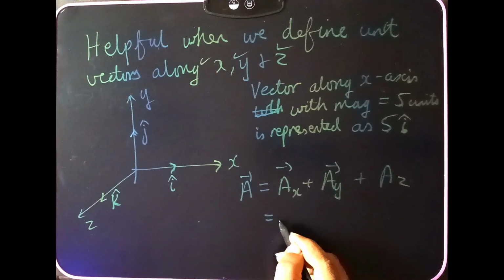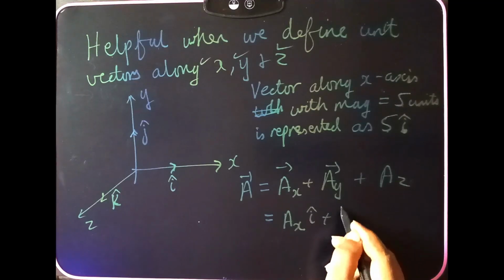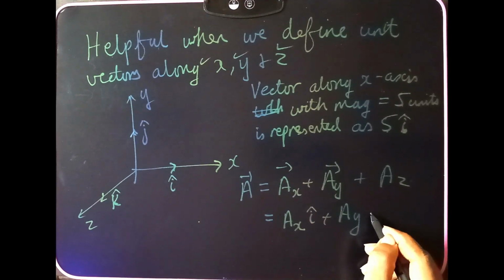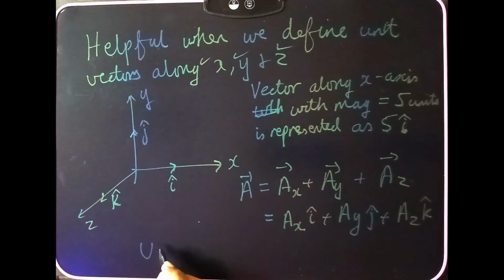This can be written as A of x along i cap, plus A of y along j cap, plus A of z along k cap. This is how it is represented. This is called the unit vector notation.